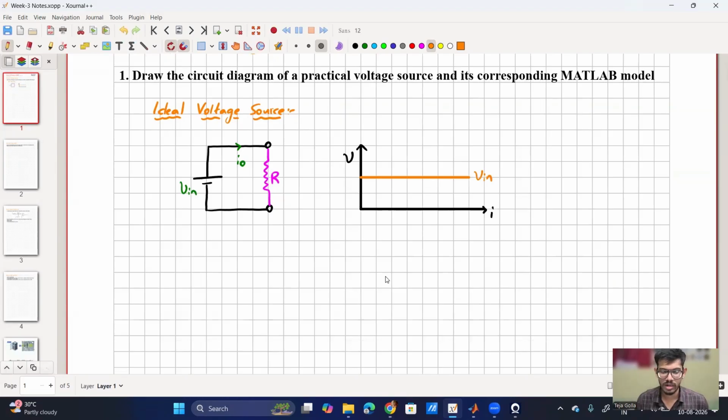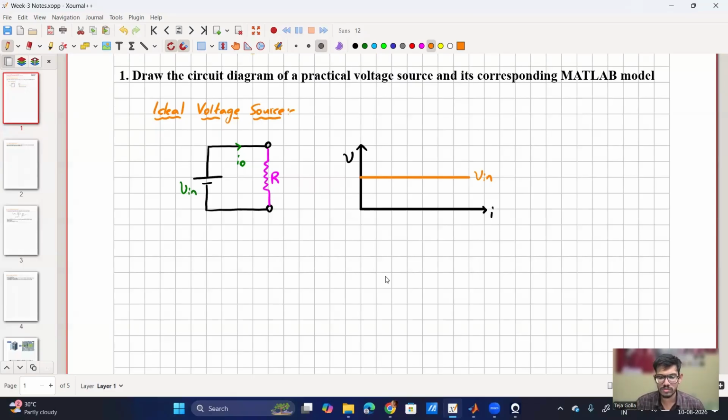Because of this reason it is called ideal, because in the practical case, it will not be Vin, it will be slightly lesser than Vin. So why do we consider an ideal voltage source? Just for simplicity, because the voltage supplies that we use will have huge capacitance at the output, so it will be closer to an ideal voltage source, although there will be a few parasitics.